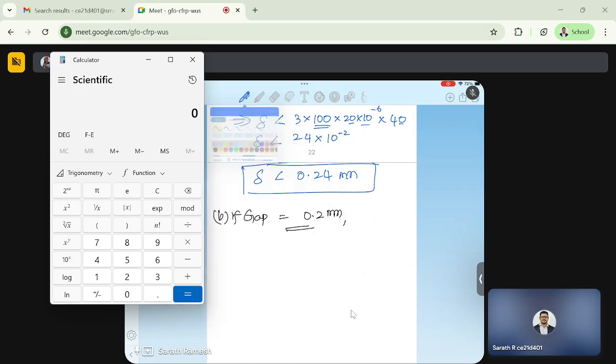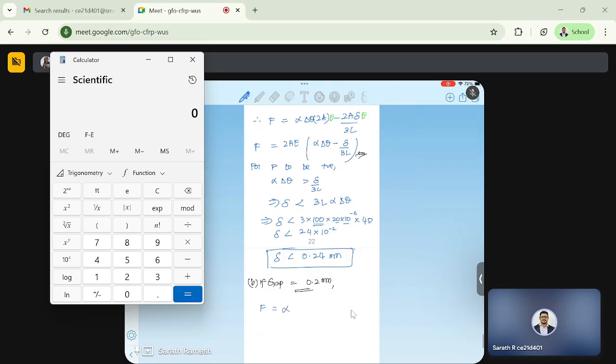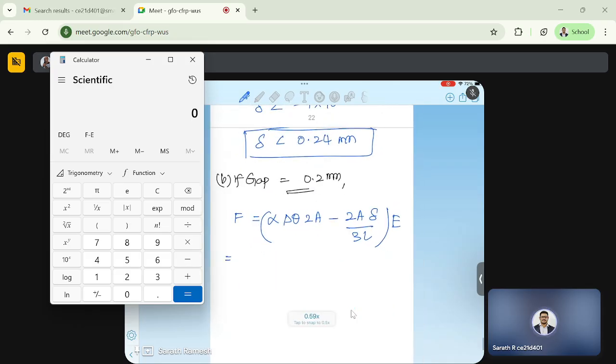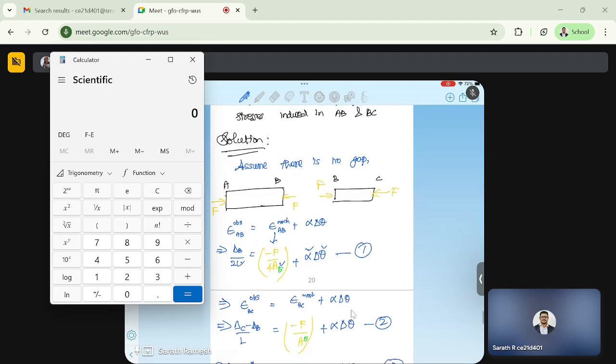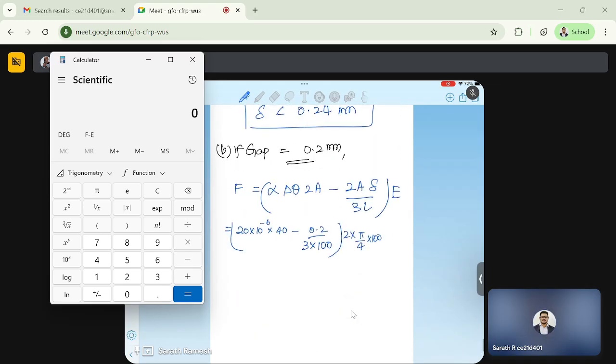So force will be alpha delta theta 2a minus 2a this gap value times E. So 20 into 10 power minus 6 into 40 into 2a common, the gap is 0.2 divided by 3 into 100. 2 into A, I forgot what A is, 5 by 4 into 10 square, 5 by 4 into 100. 2A into E is 200 into 10 power 3.